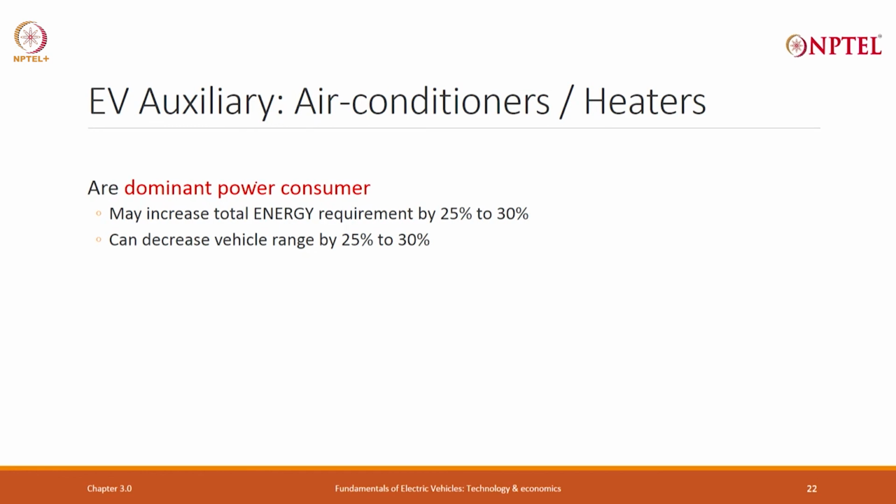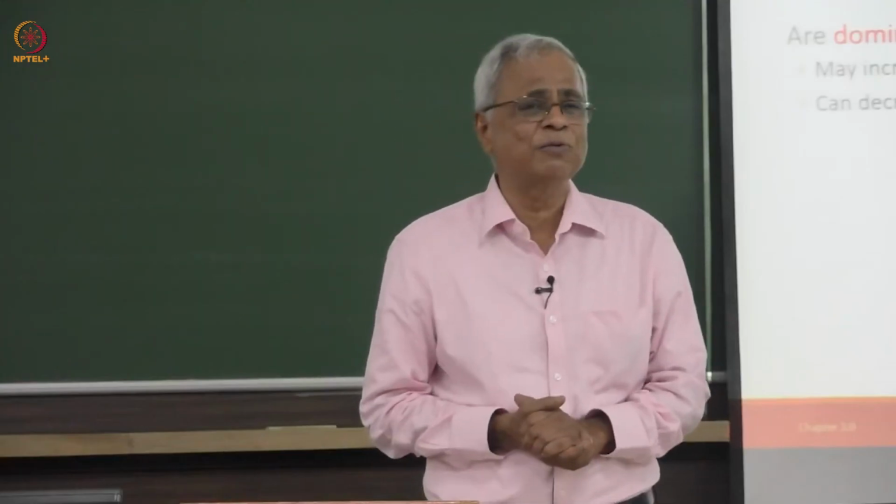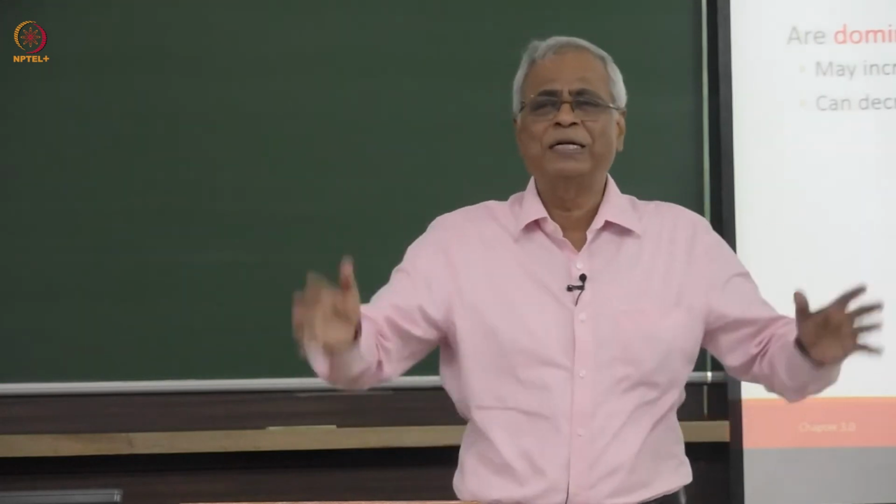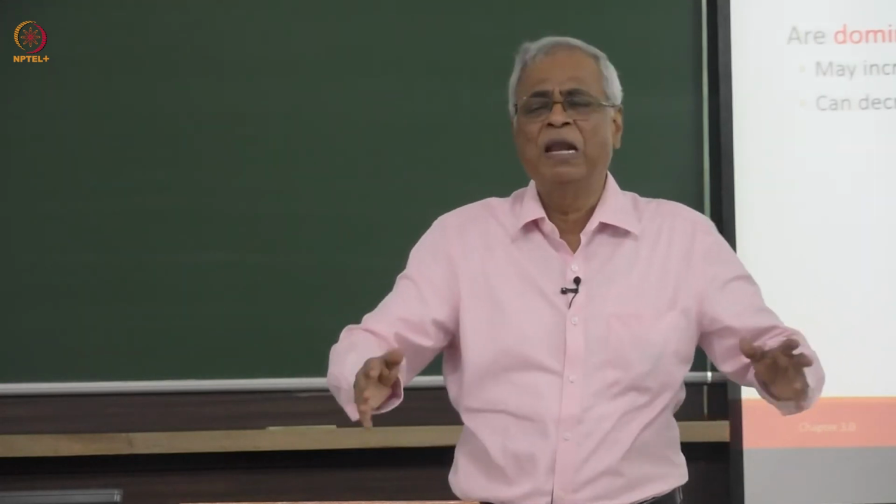Air conditioners and heaters are dominant power consumers. They may increase the energy requirement by 25 to 30% and therefore decrease the vehicle range. Now, the same thing happens with petrol vehicles also. Instead of 15 km per liter, now it will give you only 12 km per liter, and therefore the tank will limit the range.